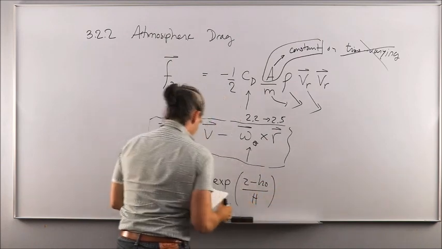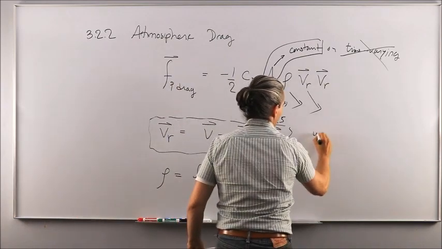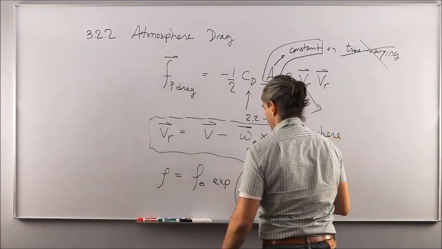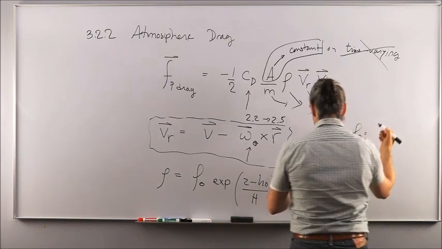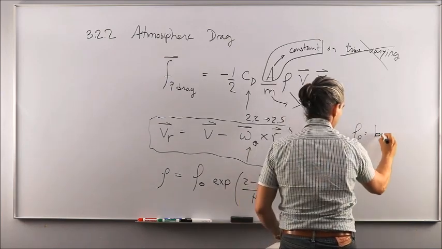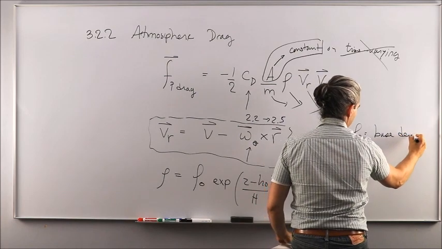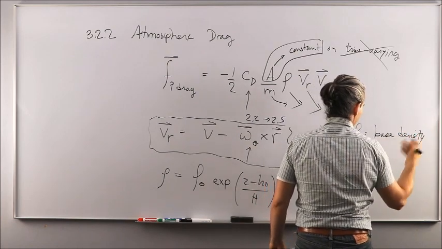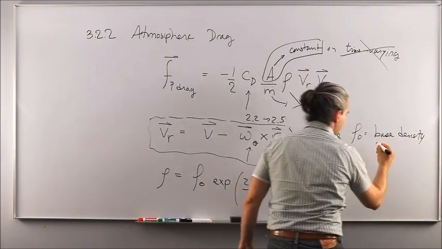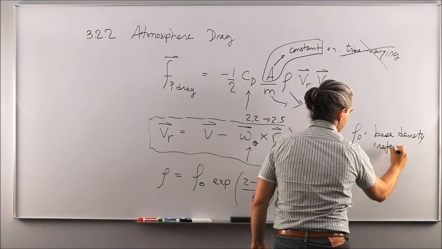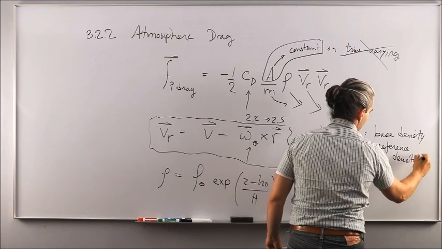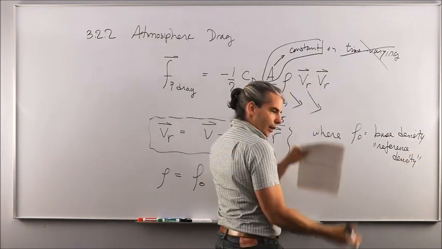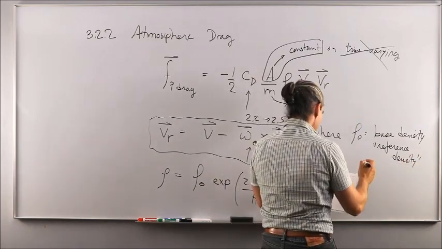Where we're going to define each parameter in that equation. So rho naught is the base or reference density, same thing, which is a constant for a range of altitudes you're operating in.